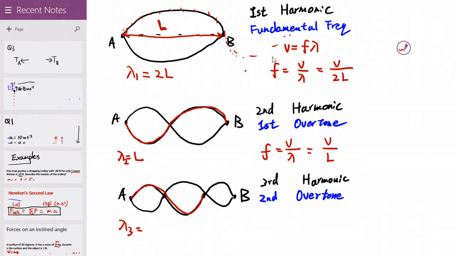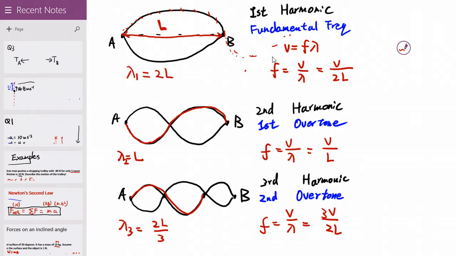So 2/3 of the whole length is our wavelength. Using the equation, the frequency that can produce the third harmonic will be V divided by the wavelength, which is 3V divided by 2L.